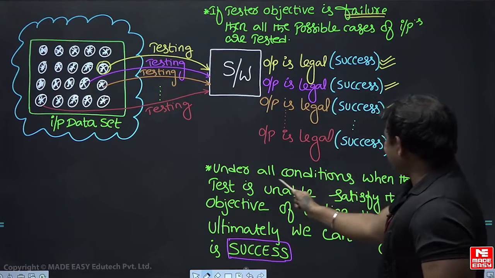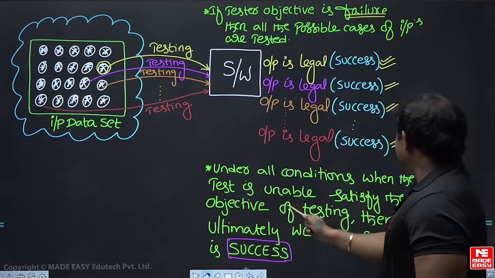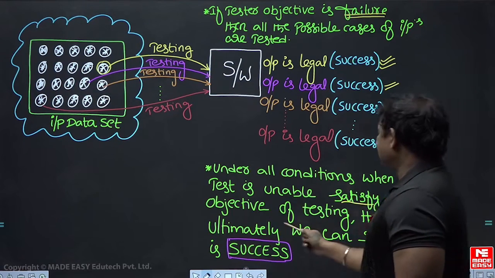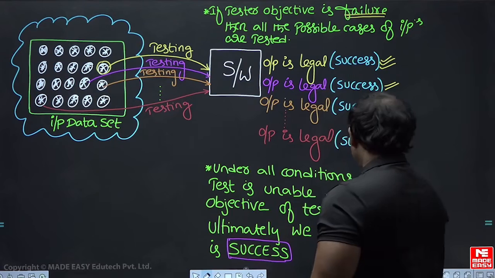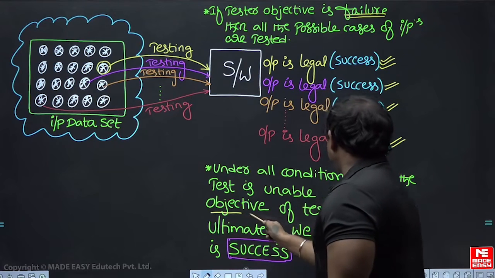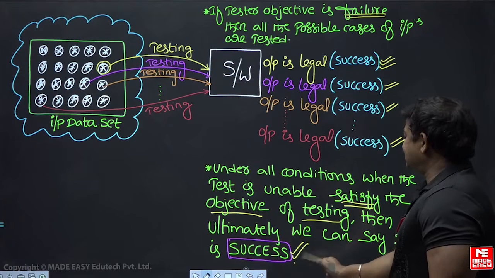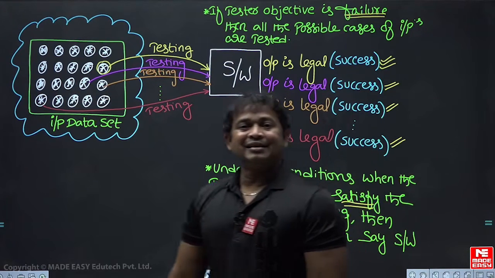Under all conditions, when the testing team is unable to satisfy the objective of testing, then ultimately the system is a success. That's it.